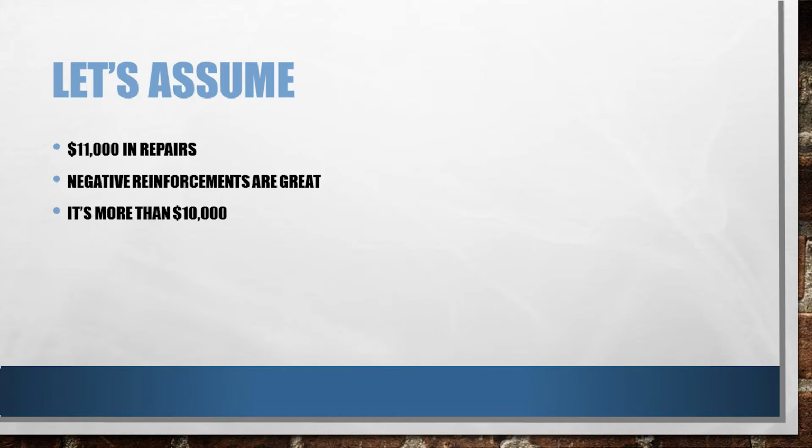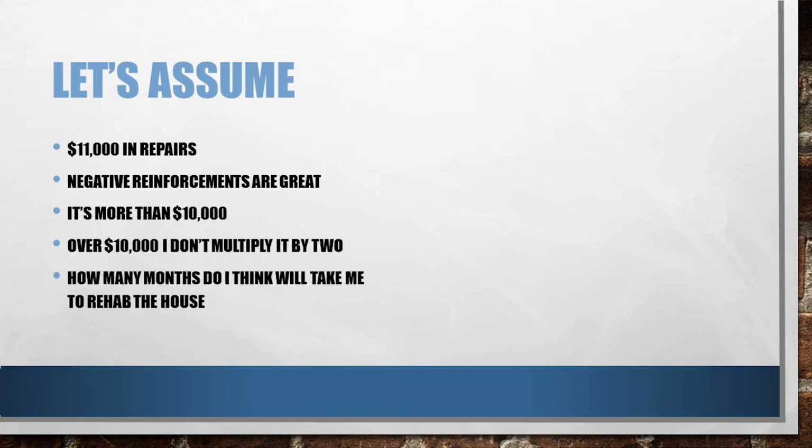So what I do is I take the 11,000, anything over 10,000. I take the money over 10. I don't multiply it by 2. But I ask myself this question. How many months do I think, in my experience, it will take me to rehab the house? In my first scenario where it was a month, I'm going to multiply months by $10,000. So in the first scenario, I'm going to take 11,000 plus 1 month of 10,000.